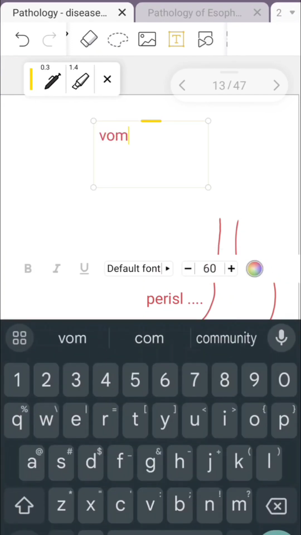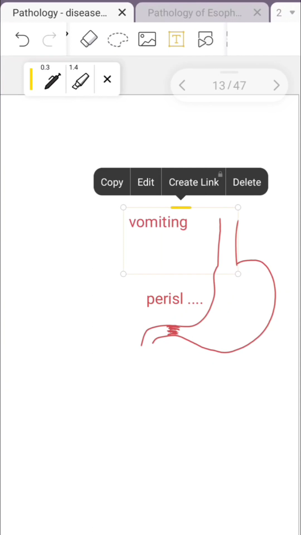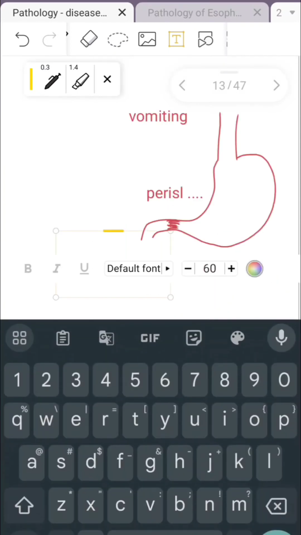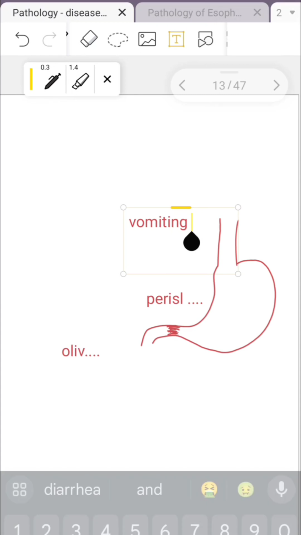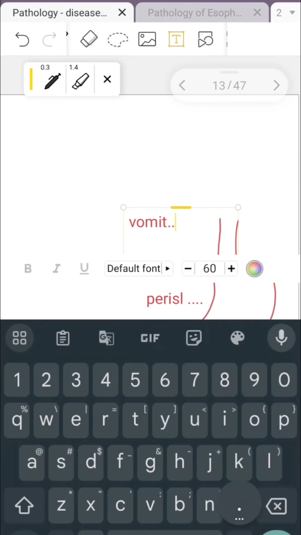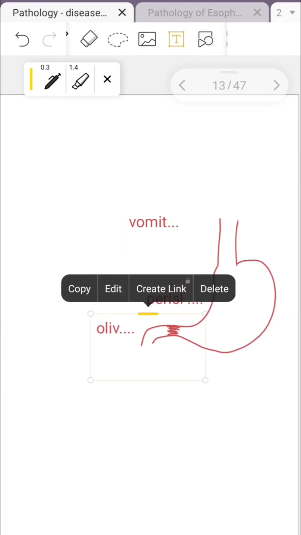Okay guys, pay attention, these are the clinical presentation features. There is severe projectile non-bilious vomitus after feeding, and the peristaltic movement is visible.